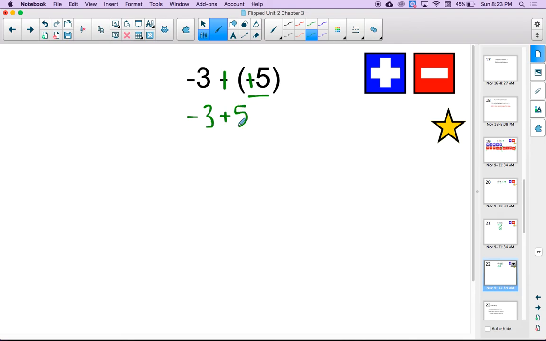Remember, we're not actually changing the meaning of the problem. We're just rewriting it as an addition problem. So we're writing an equivalent expression, and we're going to get the same exact answer that we would have gotten, just in easier terms. 3 negatives, 5 positives. We're going to make zero pairs here. When we make zero pairs, we're subtracting them away. So that leaves us with 2 positives left over. There's my final answer for that one.